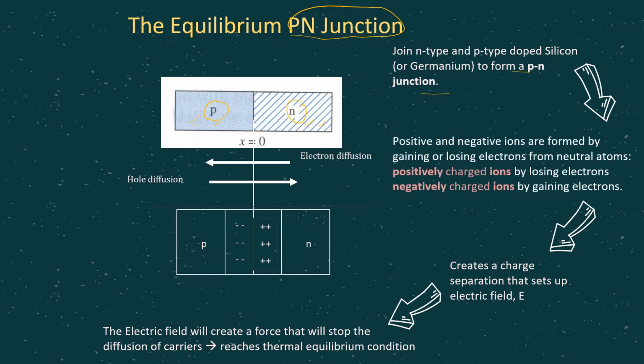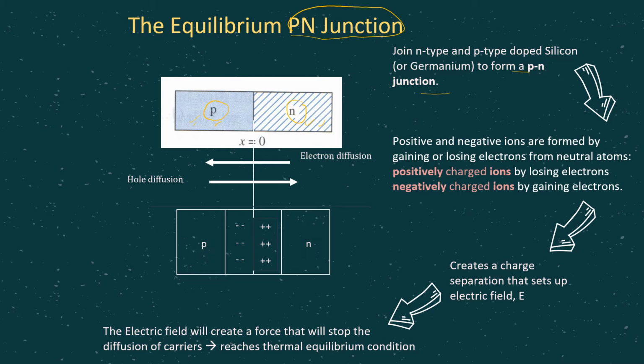So we have the diffusion of electrons and holes. Because of this, at the junction, these electrons and holes are going to combine and become neutral.